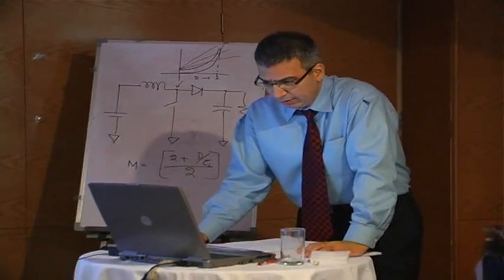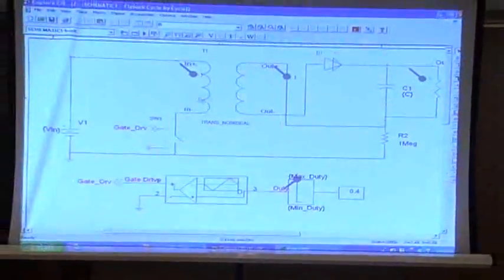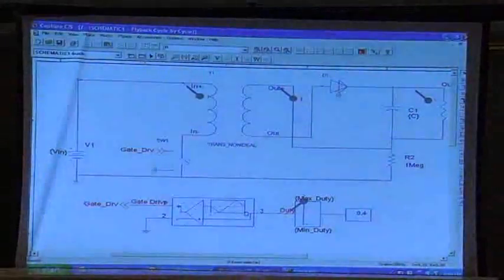So this is a flyback circuit. We have a transformer here, and you can see the polarity, of course, the diode here is connected to the reverse polarity here.